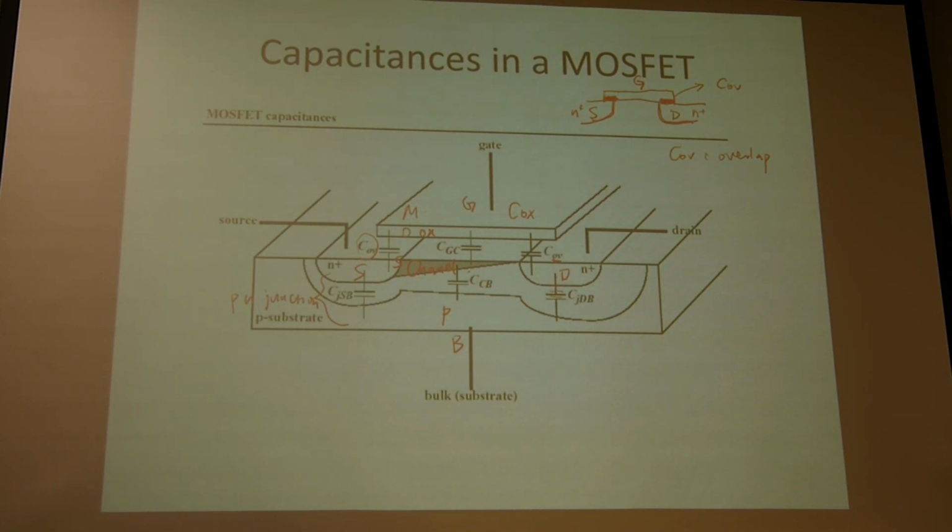So here we have CJ, this junction capacitance, the PN junction capacitance. So you have all kinds of capacitance in this structure that will contribute to the capacitance of your circuit.